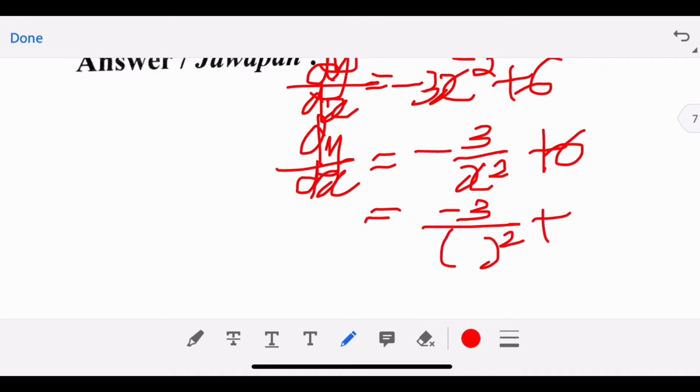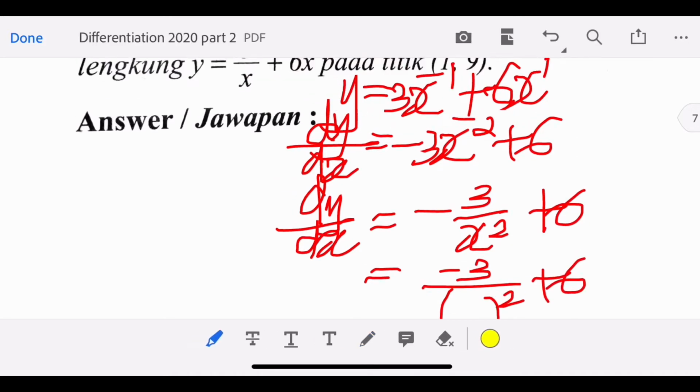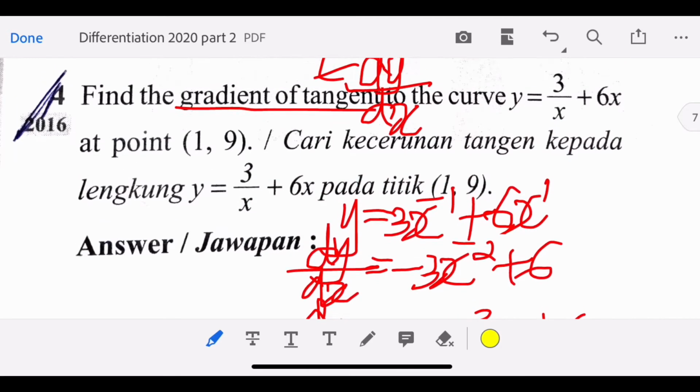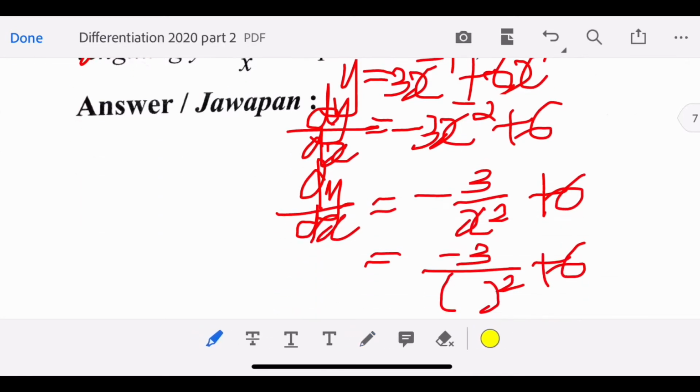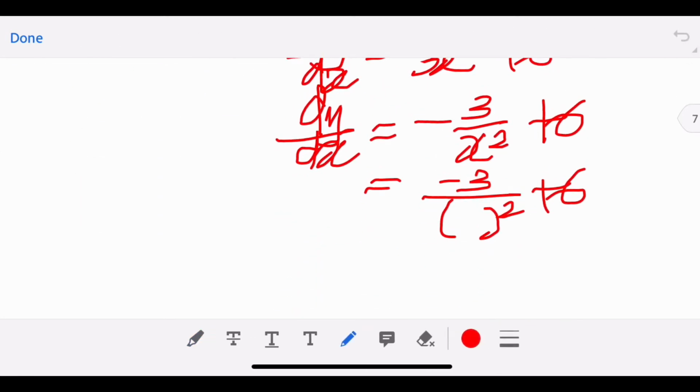So your answer is 6 minus 3, which is actually equal to 3. Right, so that is the answer for this question. So it looks like quite easy for differentiation, very direct question, right? So answer is 3 for this question. Now we'll proceed to the next question.